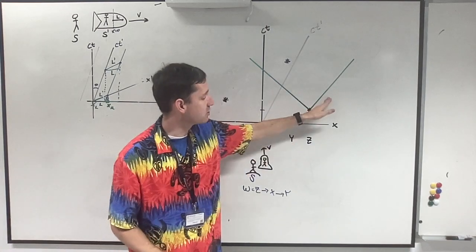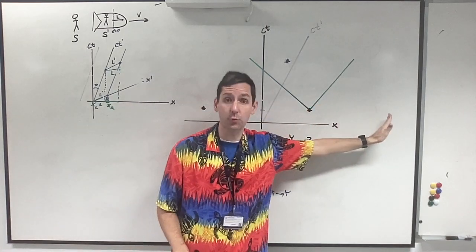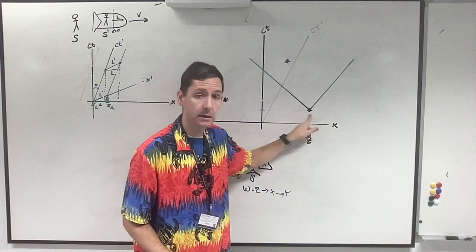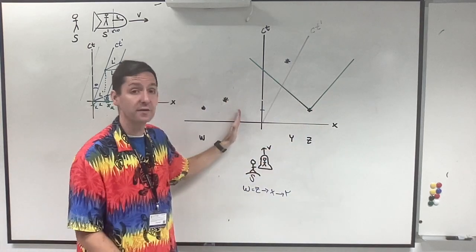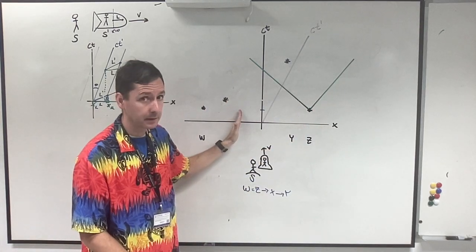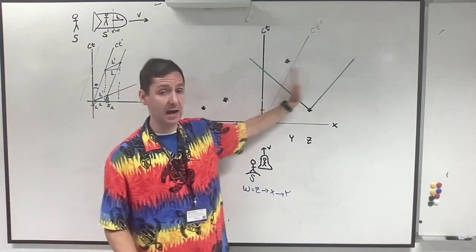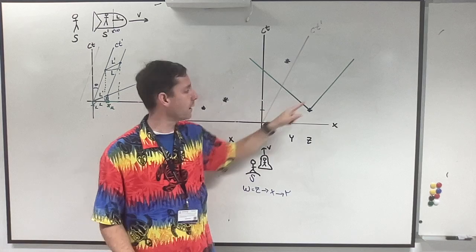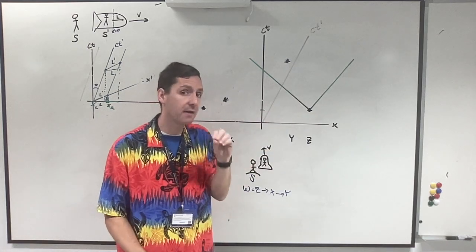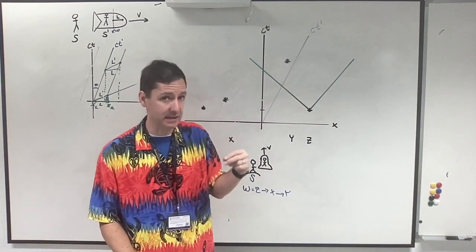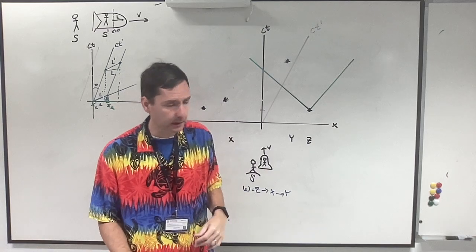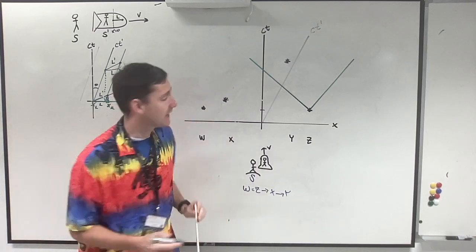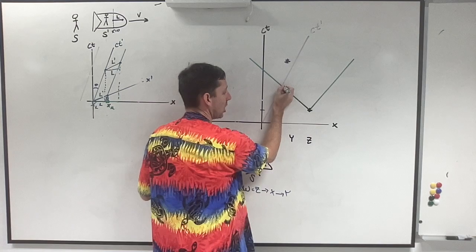So this one is representing the light that's moving to the right. This one is representing light moving to the left. Okay? Both of those have a slope of 1. This one is -1, that one's +1, but they both have that slope of 1 to represent the speed of light.